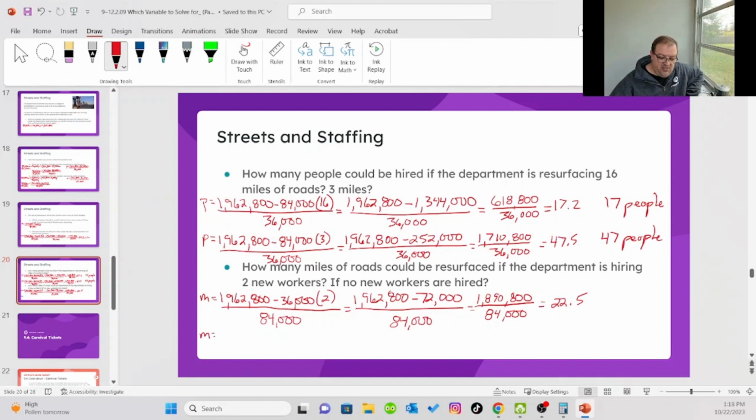And finally, if no new workers were hired, we substitute in 0 for P. Anything times 0 is 0.